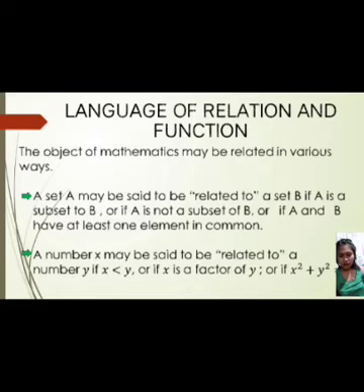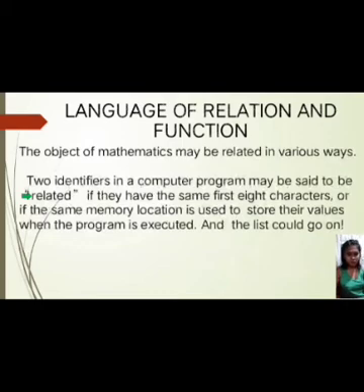A number x may be said to be related to a number y if x is greater than y, or if x is a factor of y, or if x squared plus y squared equals 1. Two identifiers in a computer program may be said to be related if they have the same first 8 characters, or if the same memory location is used to store their values when the program is executed, and the list could go on.